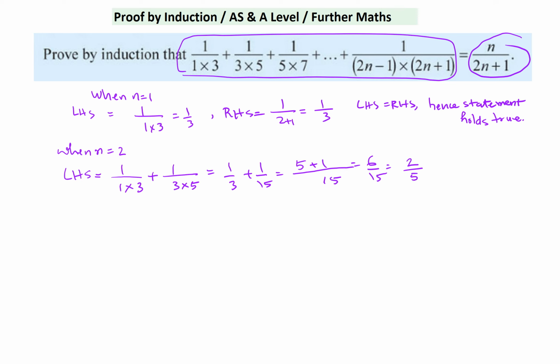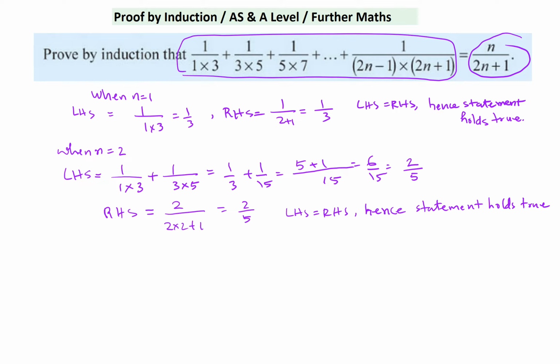And the right hand side would be, n is 2, so 2 over 2 times 2 plus 1, that is 2 over 5. So once again, left hand side equals right hand side, hence statement holds true.